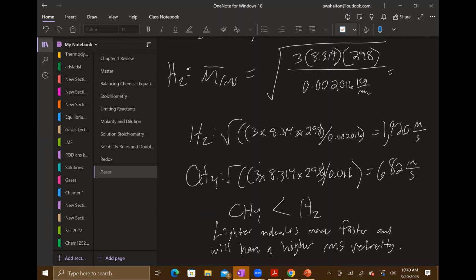Okay. All right. Good. So does that make sense? I'll just read what I wrote down there. Lighter molecules move faster and will have a higher root mean square velocity. Does everyone understand that? Any questions on the calculation part?